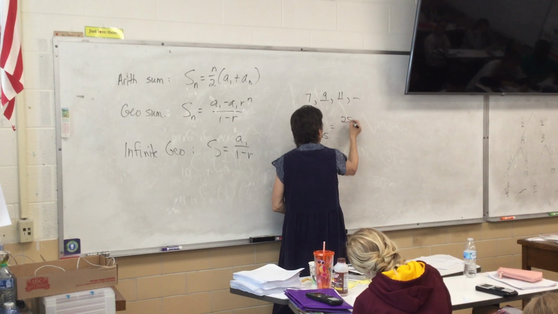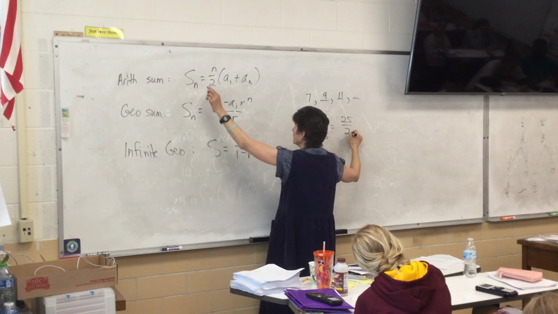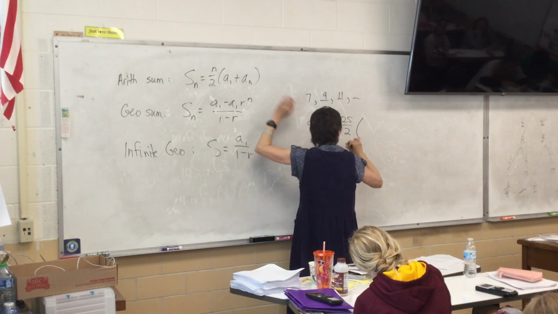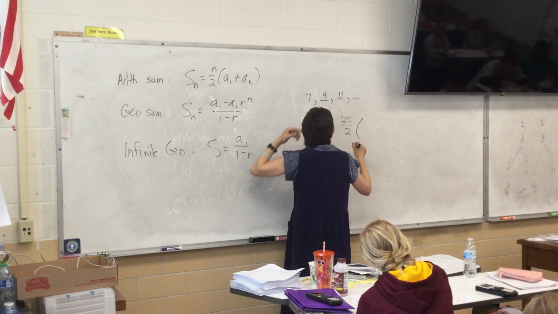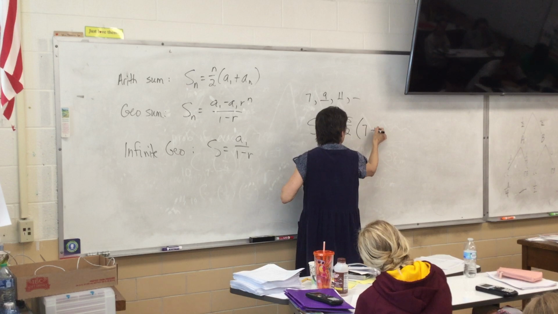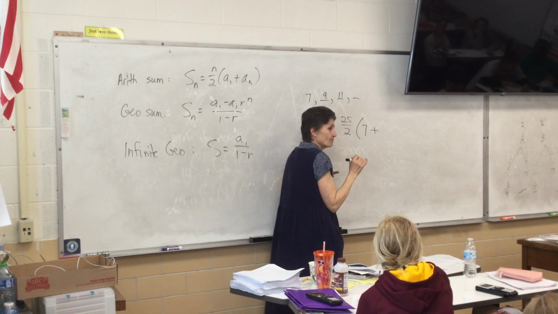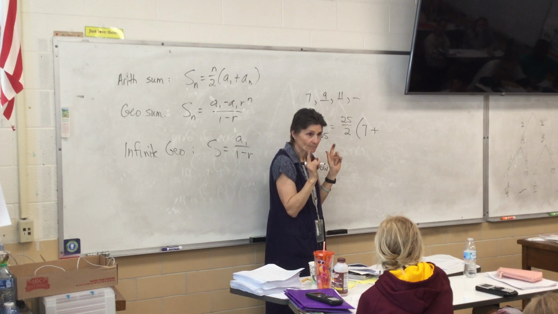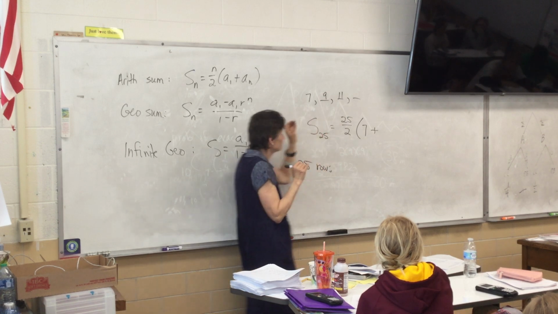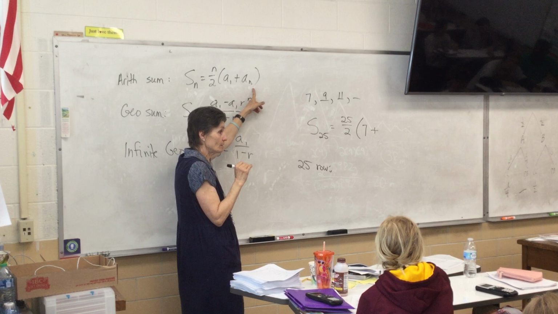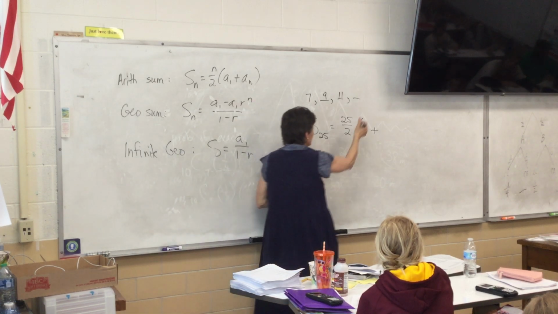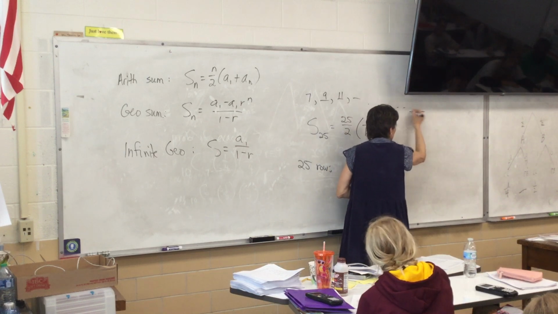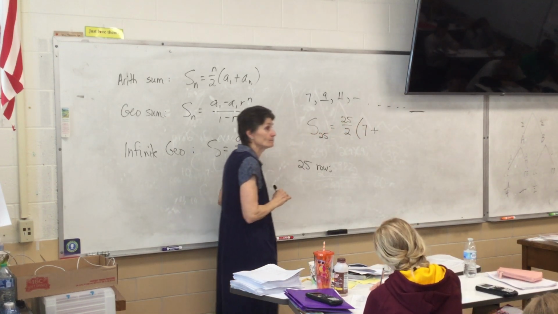So 25 over 2, I'm just doing my formula, just plug it in. What's A sub 1 stand for? 7. That's the first term, which is 7. Oh no. What's wrong? What do I need to know? Go to the last one. I need to know A sub 25, which, if I kept this going, would be the 25th number in that row.